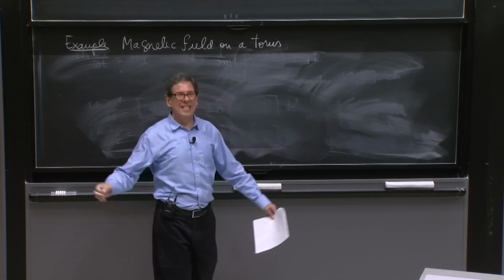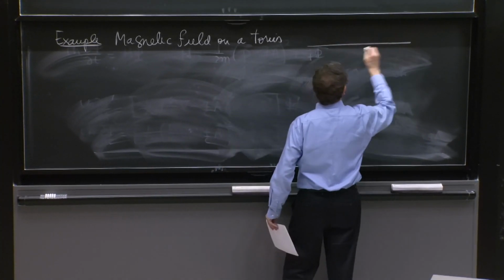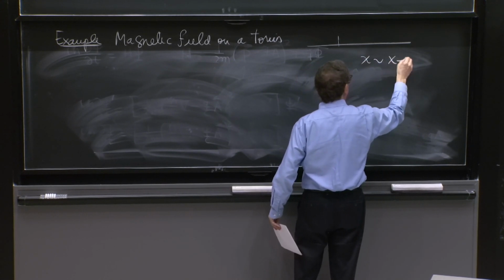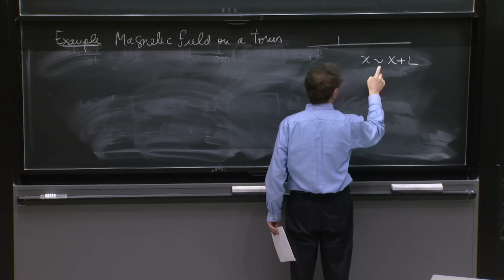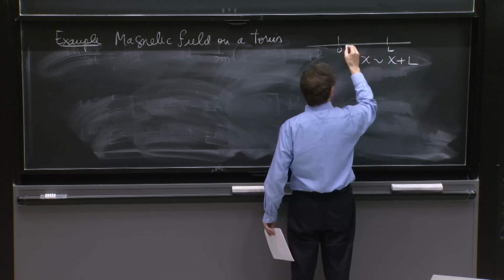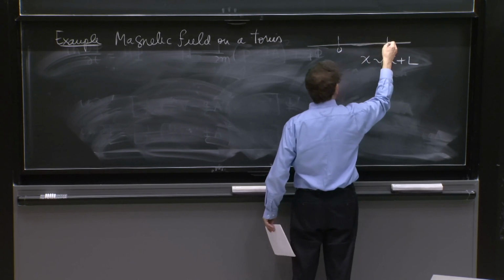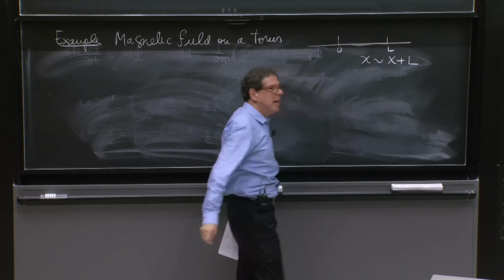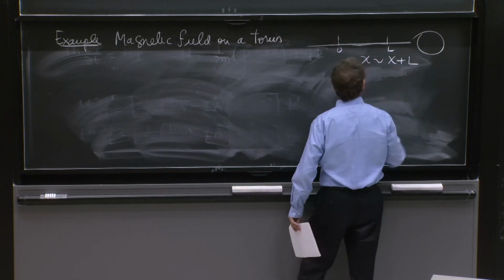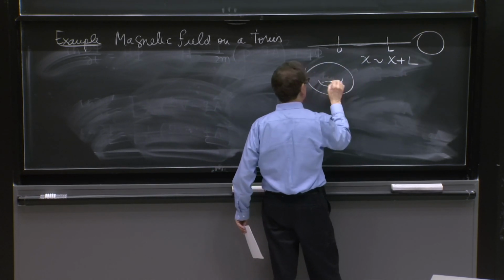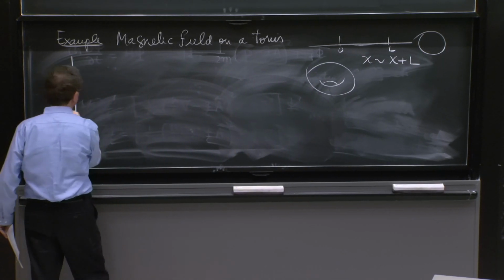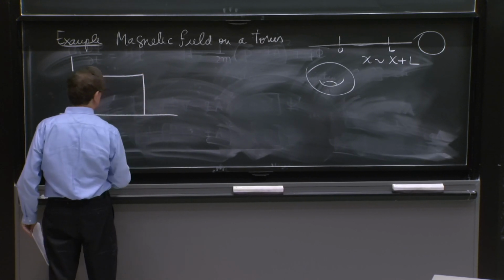So we've talked about what is a circle, and we say a circle is the line with the identification x equals x plus L. So the point 0 is identified with the point L, and that's a circle. This line and this point is the same as this one, so you return. A torus, which is something that we sometimes think of like this, is, on the other hand, an identification of the following kind.